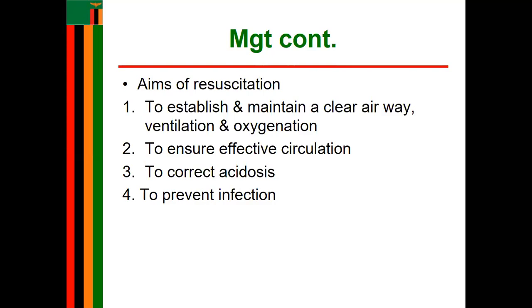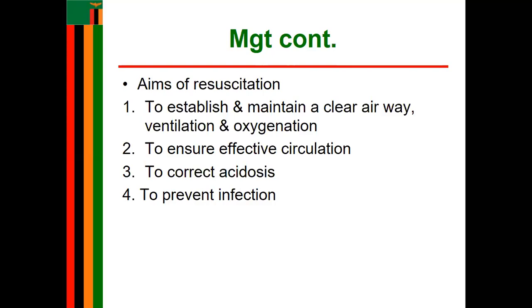Then from there, you can talk about prevention of hypothermia. You need to keep the baby warm, nurse the baby in a warm environment, provide more linen, and do everything about keeping the baby warm.